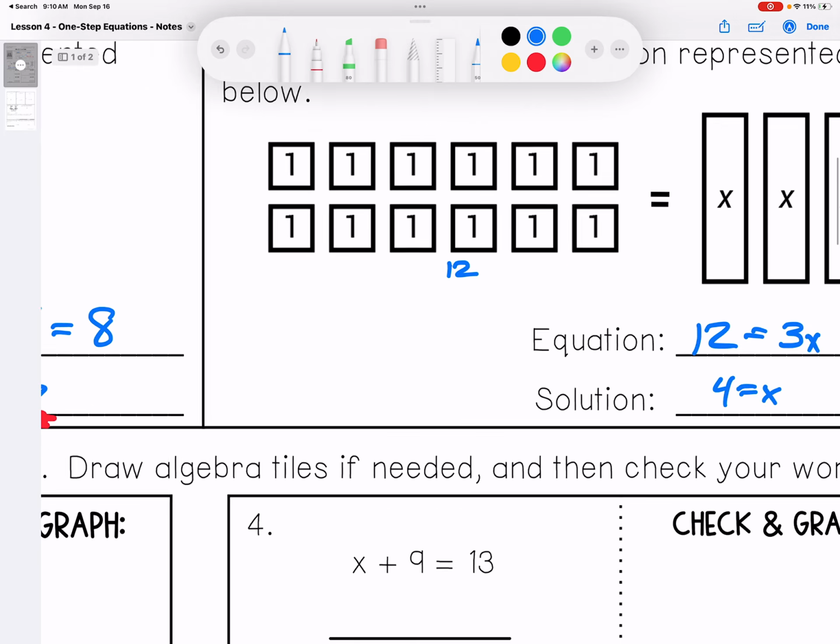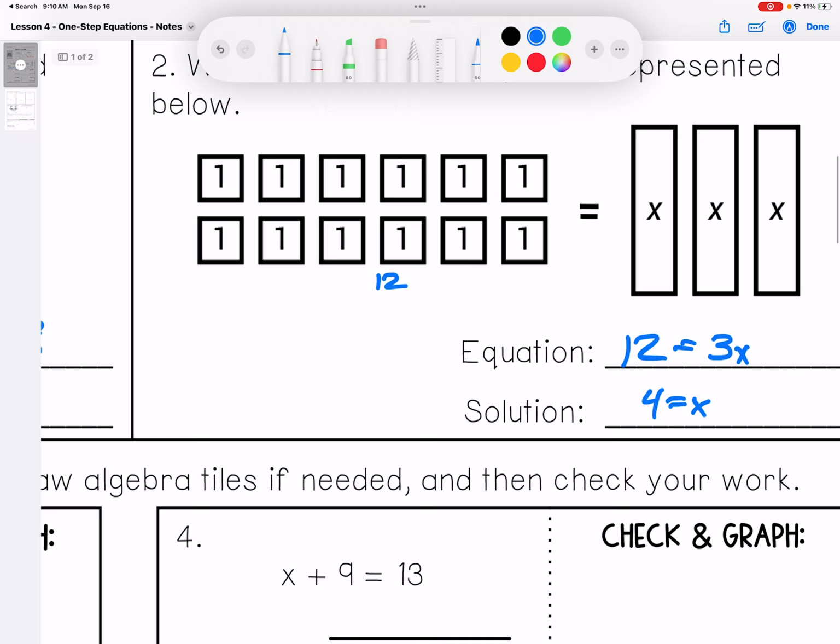Now, over here, the x is on the other side. Does that matter? It does not. It's still the same process. Here we have 12 equals 3x. How do we make that a 1x, or just x by itself? X needs to equal something. So how do we get rid of that 3?